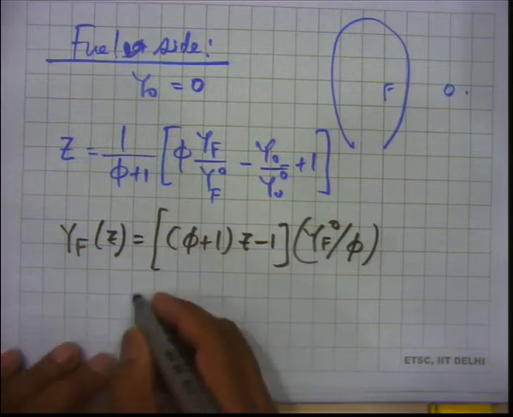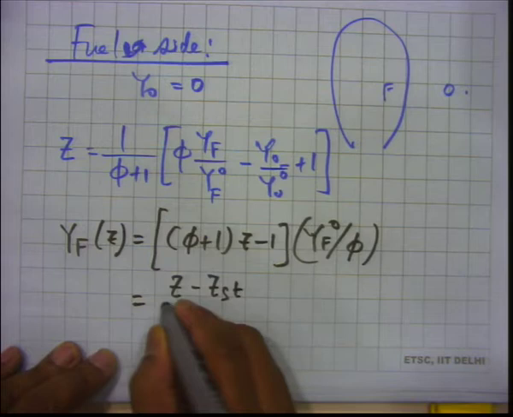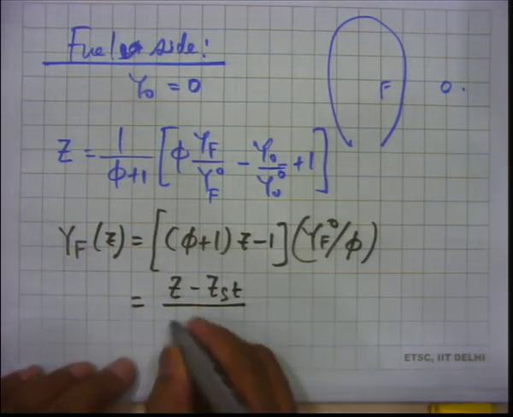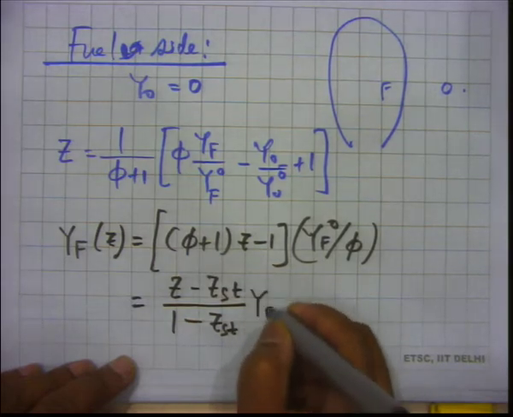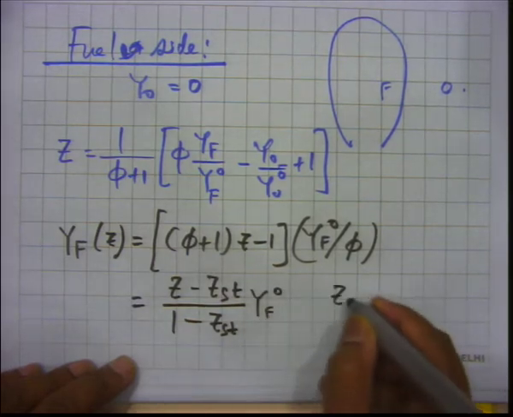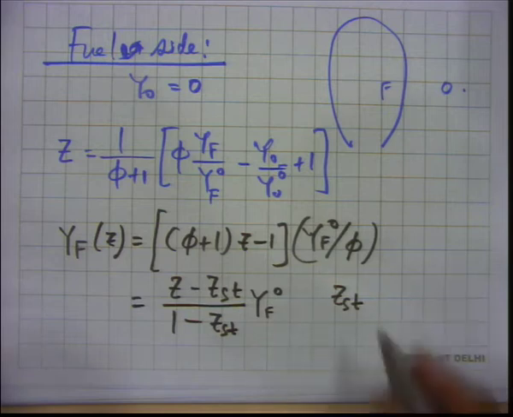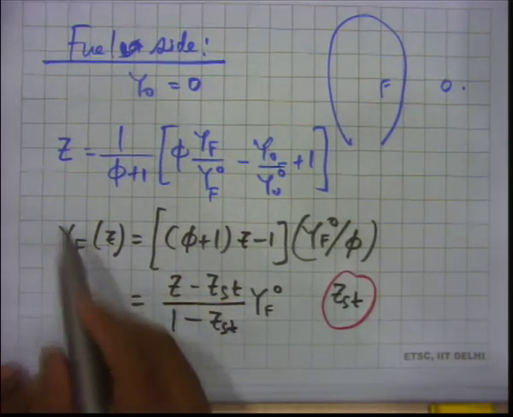And we write this as, so we have a ZST, which is the stoichiometric value of Z. So, this is nice.